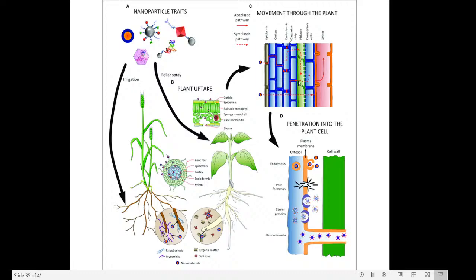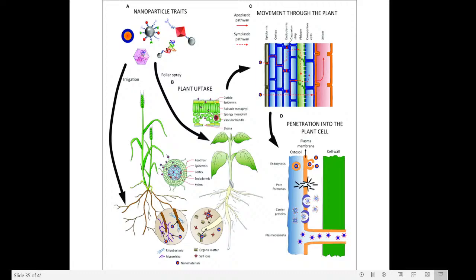After reaching the phloem, it follows the symplastic pathway. The symplastic pathway uses the companion cells to move to the xylem. In the xylem, it again follows the apoplastic pathway.